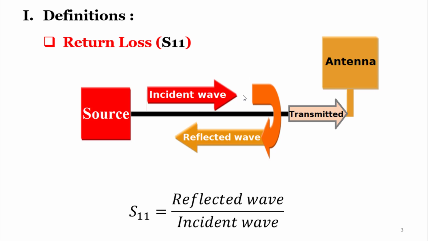We have a reflected power or wave at the input of our antenna, and we have a transmitted power. So the return loss is the ratio between the reflected wave and the incident wave, or reflected power and incident power.